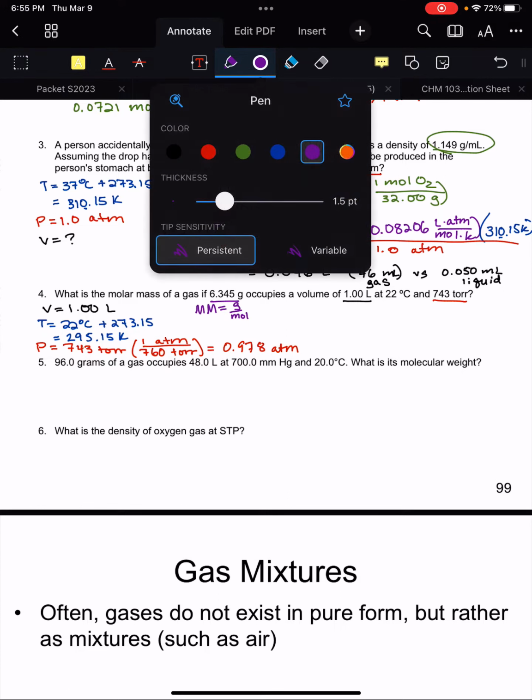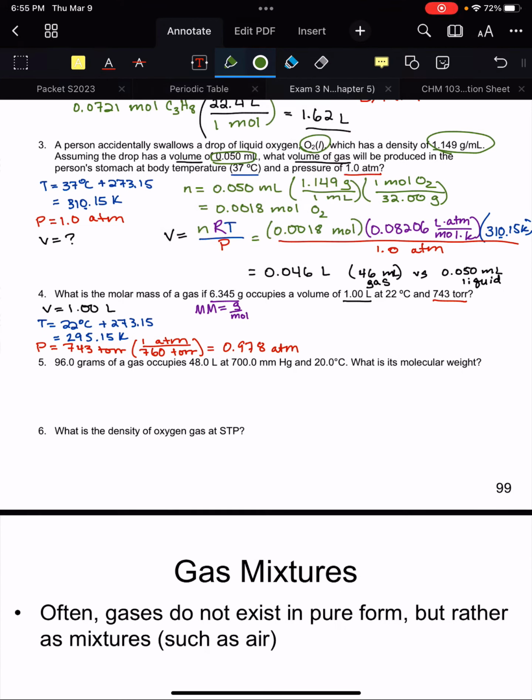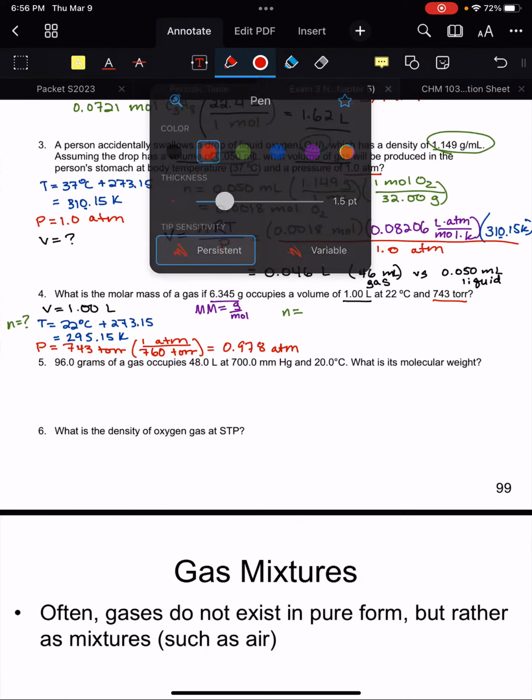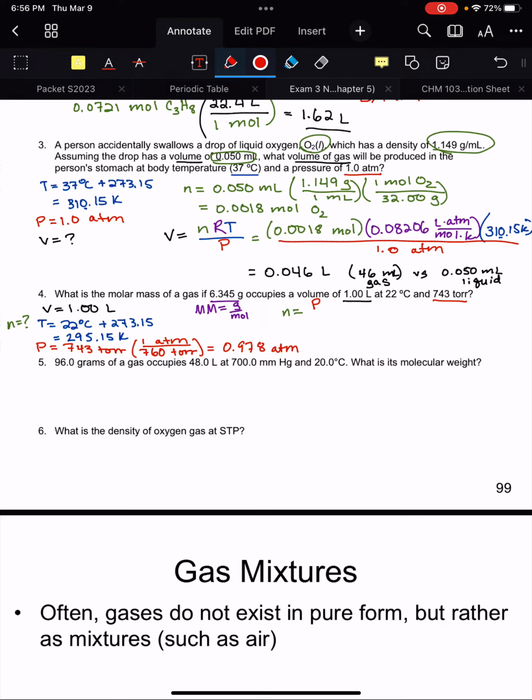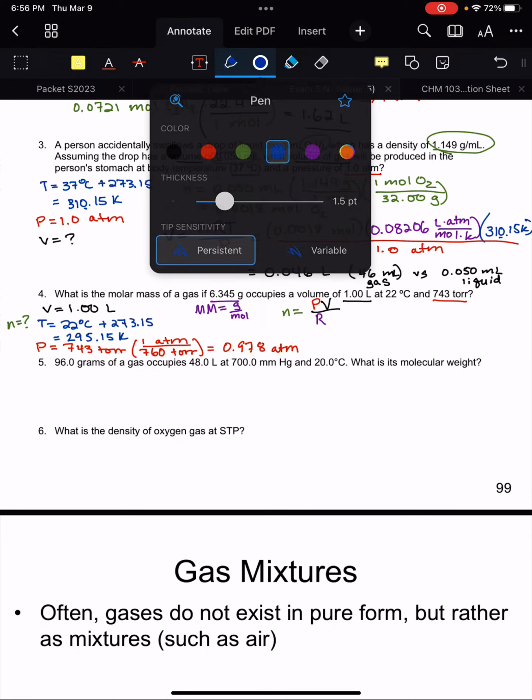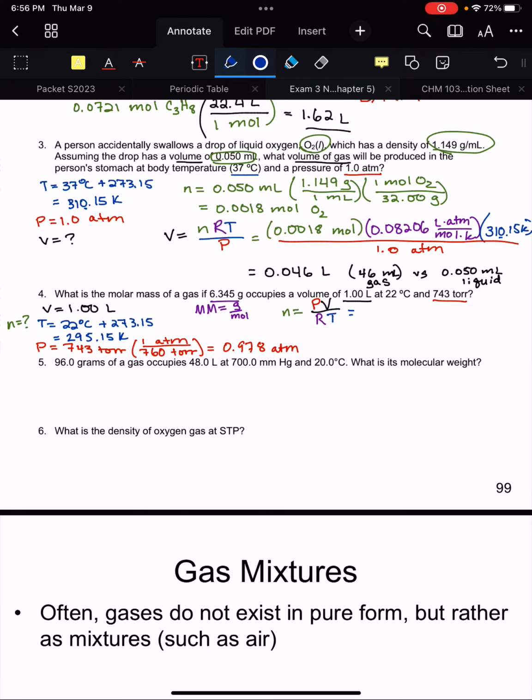So for the molar mass, we know that molar mass is defined as grams per mole, and the only variable we didn't solve for in PV = nRT is n, so n is our question mark. Let's solve for the moles using PV = nRT. So according to our algebra, n is equal to PV over RT. So let's plug in our variables. The pressure is 0.978 atmospheres.